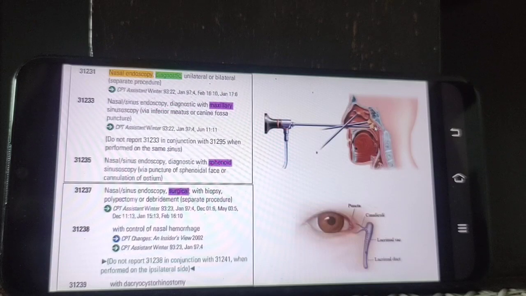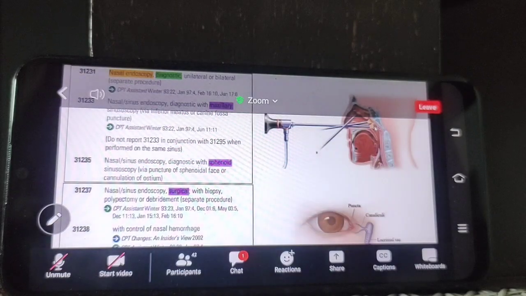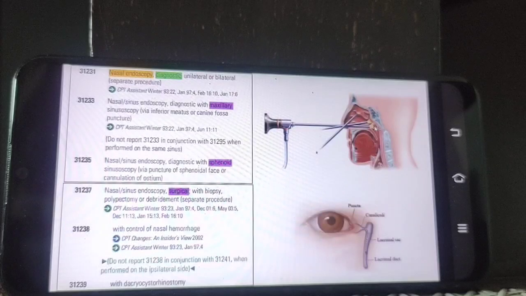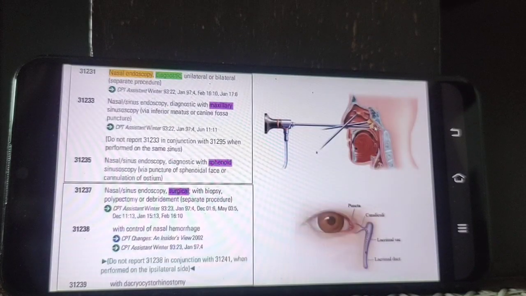For nasal endoscope, doctors use this endoscope to examine. And 31230 is for nasal endoscopy with the maxillary sinoscope.